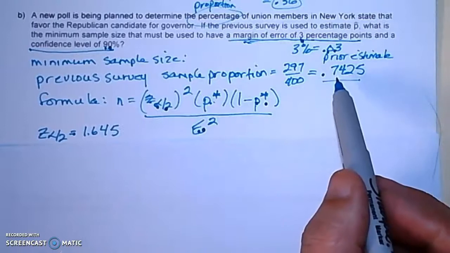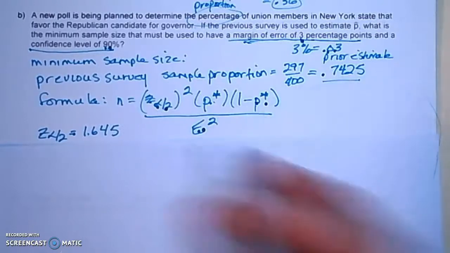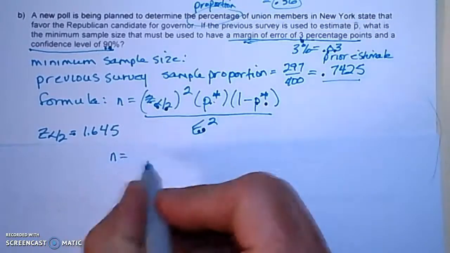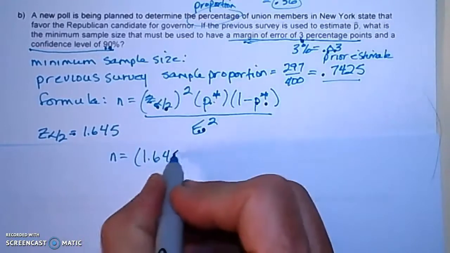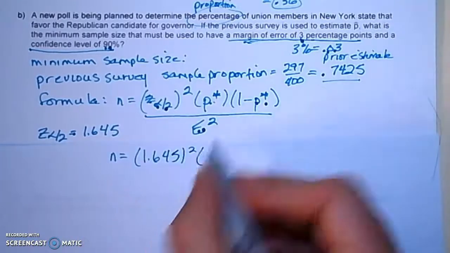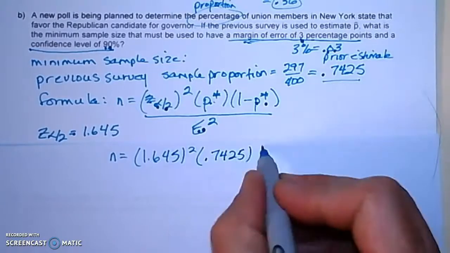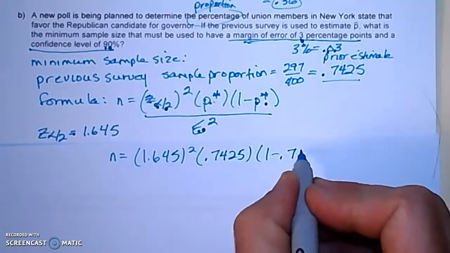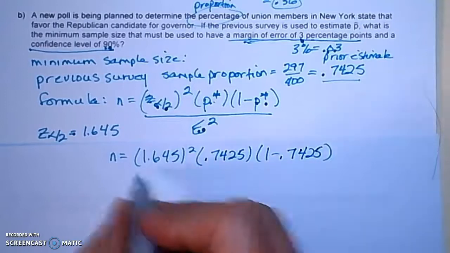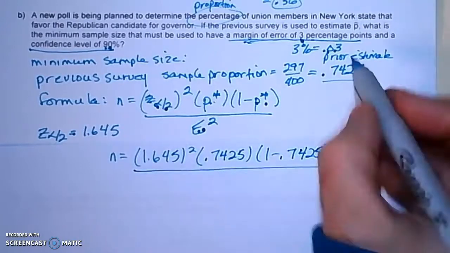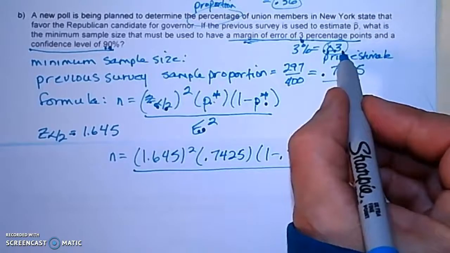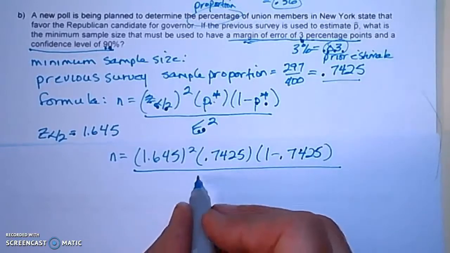Now I have all three of the numbers that I need to go into this. So for my formula, I would have 1.645 squared times my P star, which is 0.7425, and then 1 minus P star. And on the bottom, I have to make sure and use the decimal value for my margin of error.